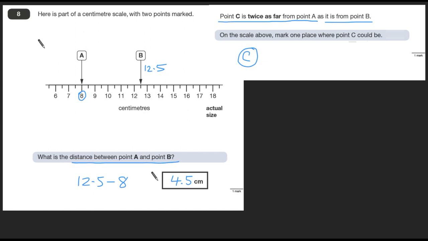The question clearly says twice as far as point A. So A to C is double the distance of B to C. So if this is X, this is 2X, right? So 2X and this is X.